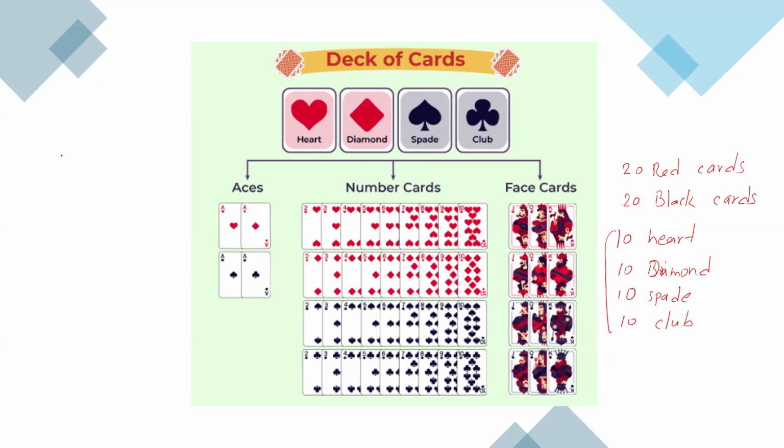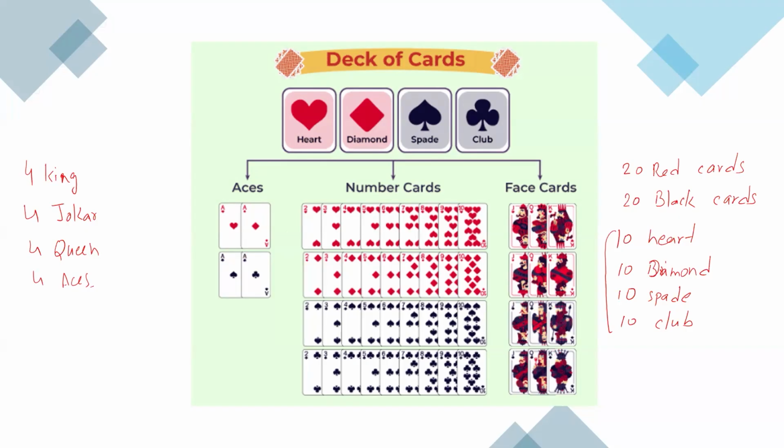Other than this, you have some face cards. 4 kings, 4 jokers, 4 queens, 4 aces. So 1, 2, 3, 4. 4 aces, 4 jokers, 4 kings, and 4 queens, right? So here, out of 4 queens, you have 2 red, 2 black.